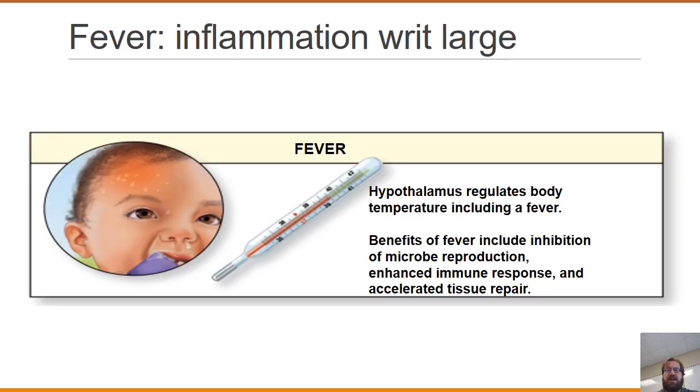Okay, and then the last non-specific response to infection is fever, which is sort of like inflammation writ large. It's a heat, and what happens is that basically the hypothalamus, which we know regulates your body temperature, senses these inflammatory chemicals in the bloodstream, and it increases the temperature set point for your body.